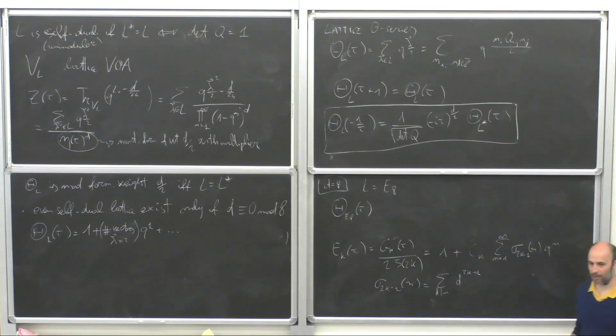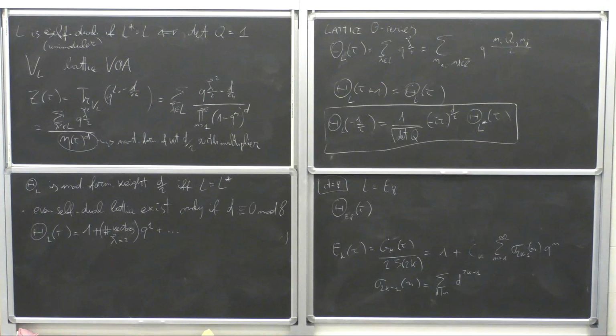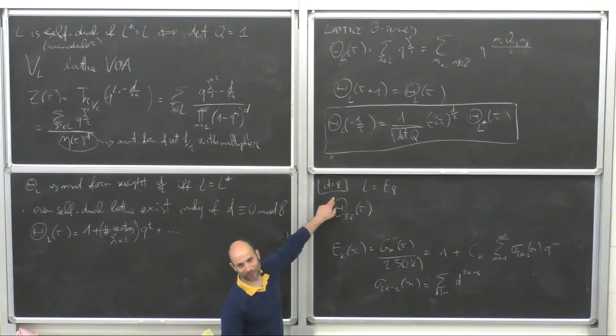So you can compute it very explicitly. You need to know what this c_k is, but it's related to Bernoulli numbers and other stuff, which I will not go into. This starts from 1, so this is the right normalization.